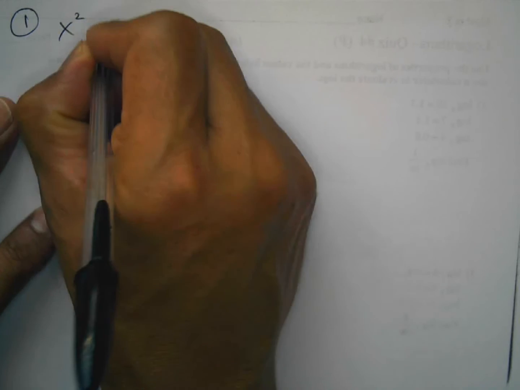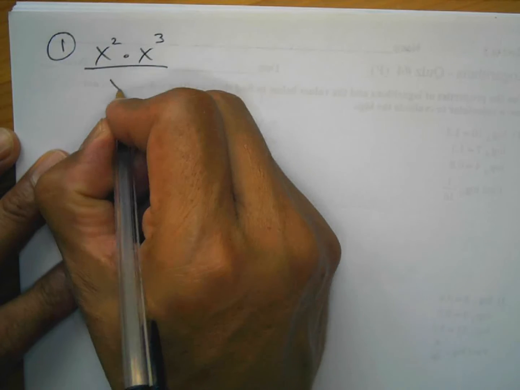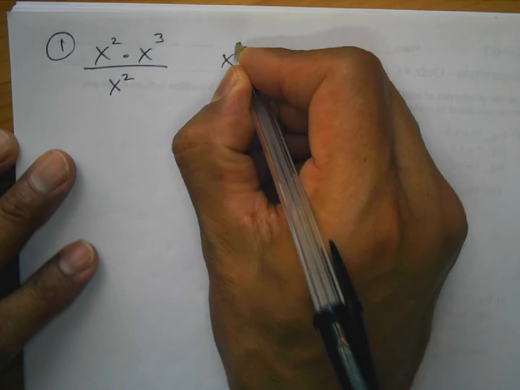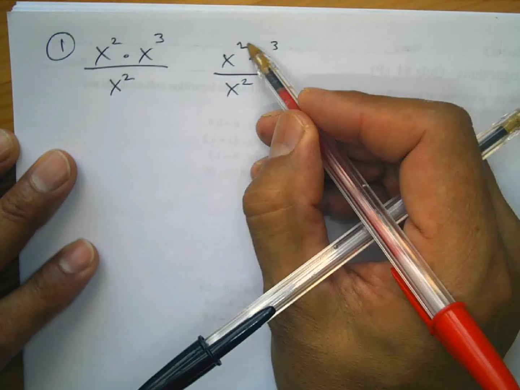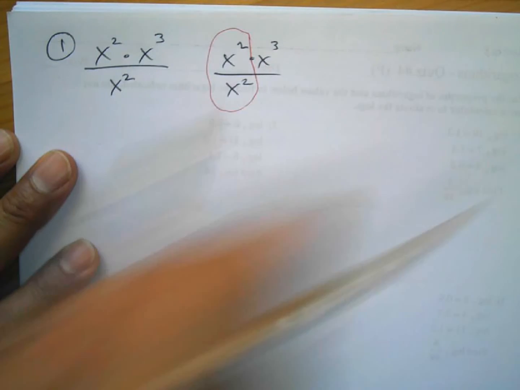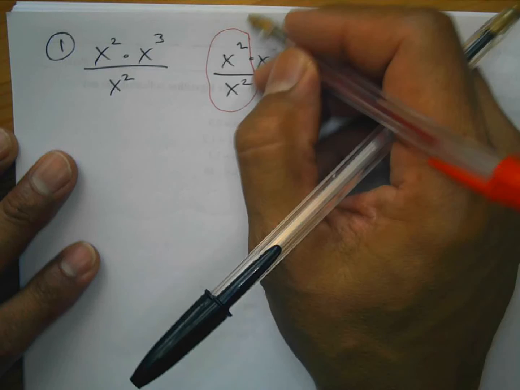Number 1. What if you have x^2 times x^3 over x^2? Well, look. These match. If I got the same thing on the top and bottom, they give you 1.